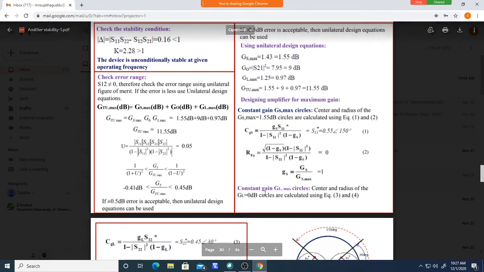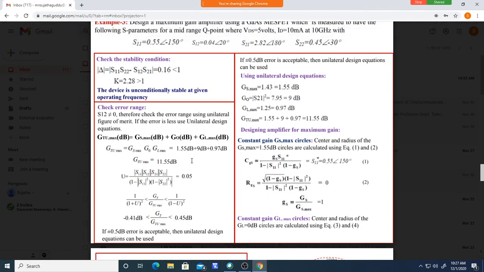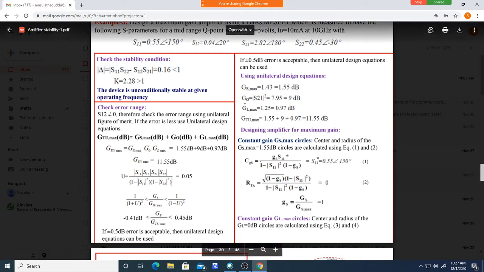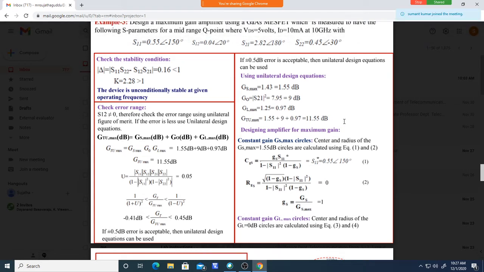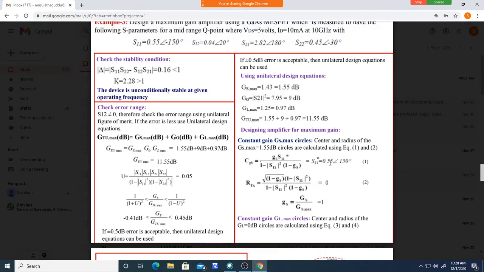Next, you have to draw the gain circle. You should draw the constant gain circle at 11.55 dB. If it is 11.55 dB, what are the input gain circle and output gain circle? Should we draw both?